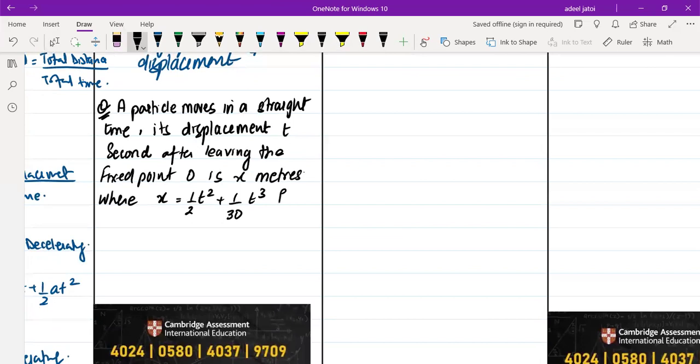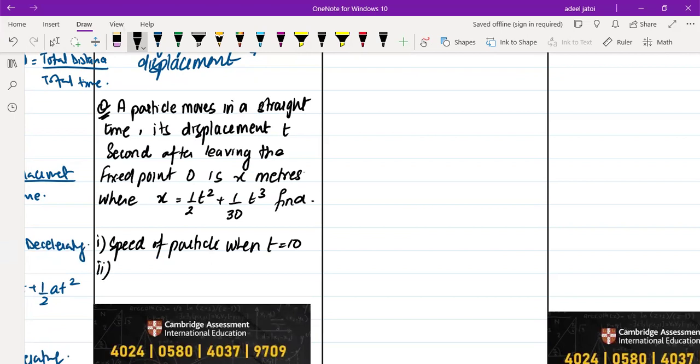The question says find number 1, speed of particle when t is equal to 10.